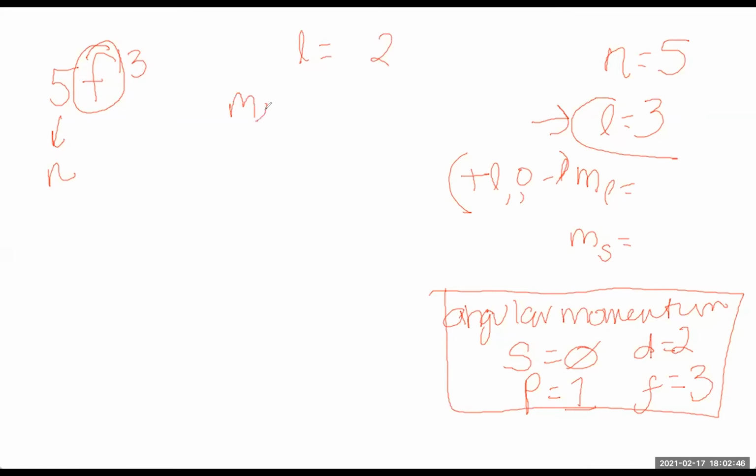Our M sub of L is going to be between negative L and positive L. So we take a look at our L and it's 2, so our M sub of L is going to be -2, -1, 0, 1, and 2. So having said that, what would be our M sub of L for this case if we have an L of 3?